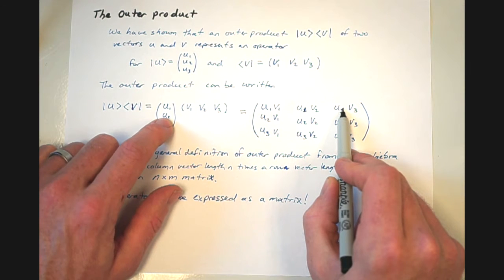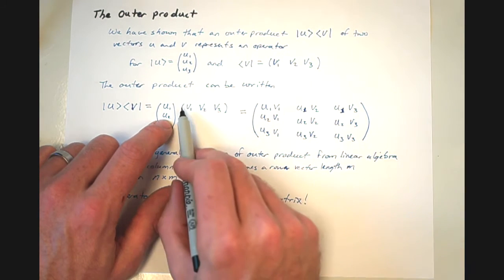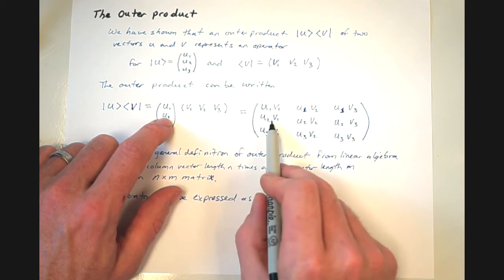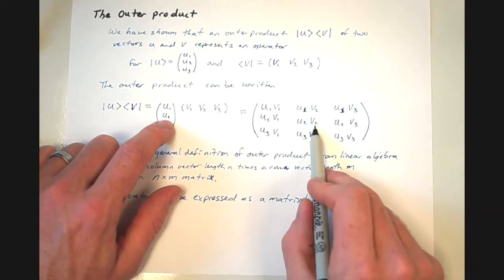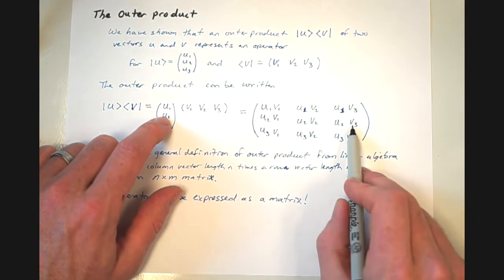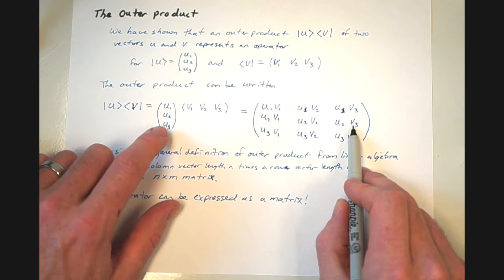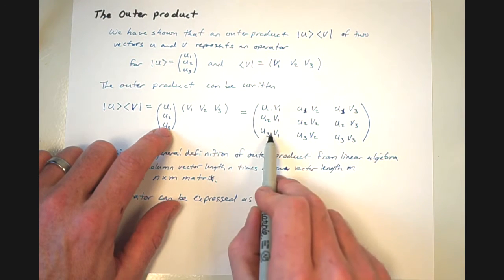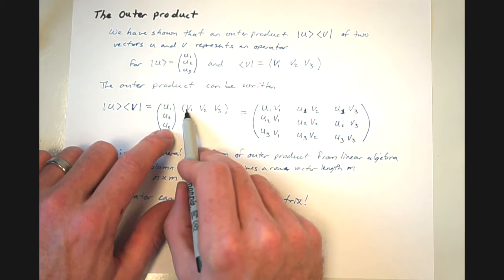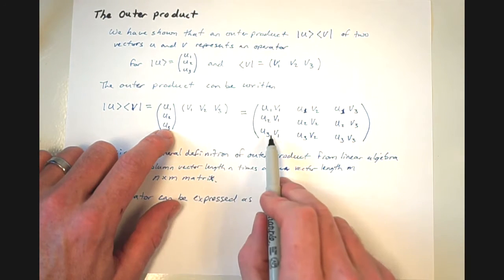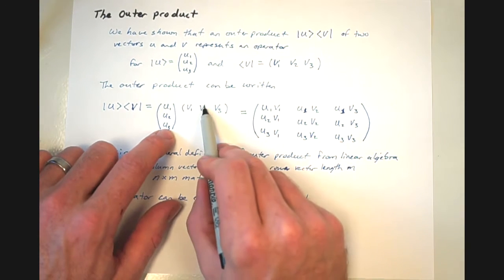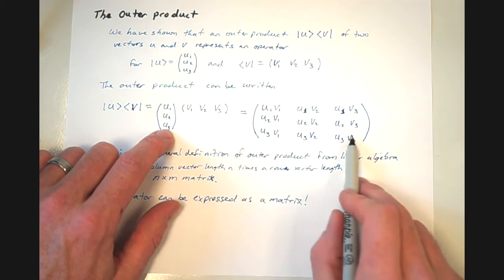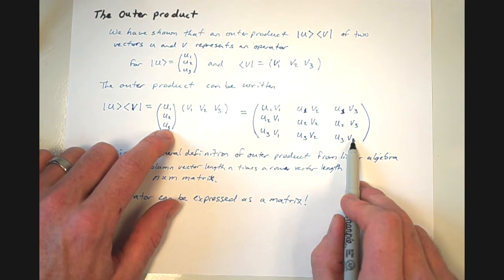Our second row here times our first column, second column, third column. Our third row here times our first column, so third row, first column, third row, second column, third row, third column.